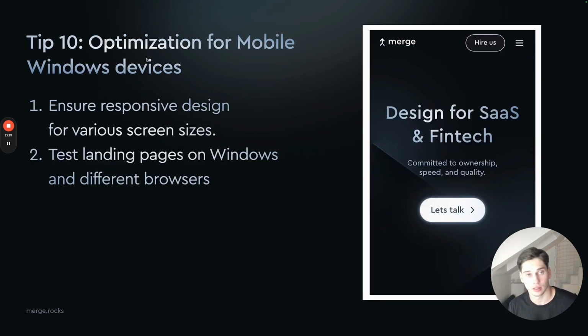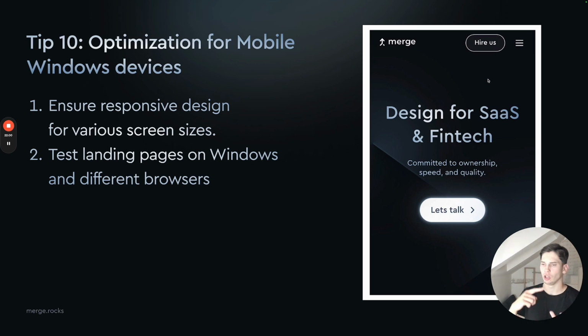Tip number 10 is optimization for mobile and Windows devices. I actually put Windows here because sometimes even we forget about testing some of our work on Windows, and sometimes it works worse than on Mac. It is something that everyone should keep in mind. Test your website properly.